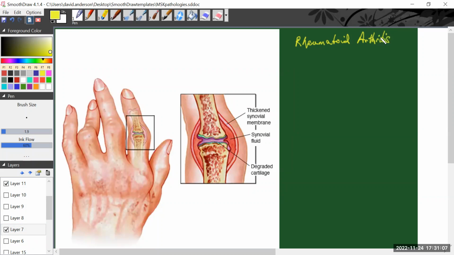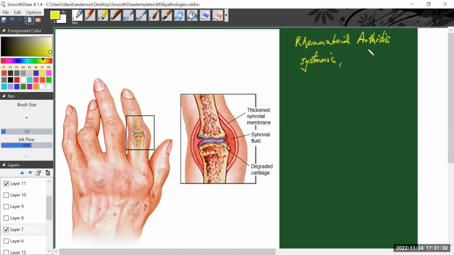So the thing about rheumatoid arthritis that makes it very different is, number one, it's systemic. So that's an important differential. With osteo, it was degenerative, and it was because a joint got injured at some point or another, or the mechanics on that joint were changed. So it was typically a single joint, at least initially.